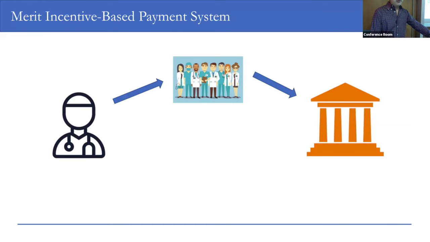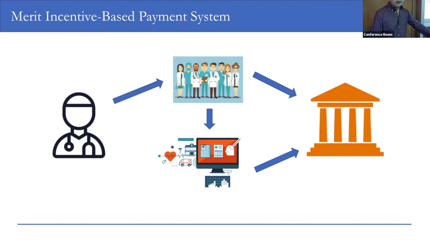Another part of the MIPS program, in addition to your particular physician group submitting the metrics, is organizations called qualified data registries, which are basically an intermediary between physician groups and CMS.